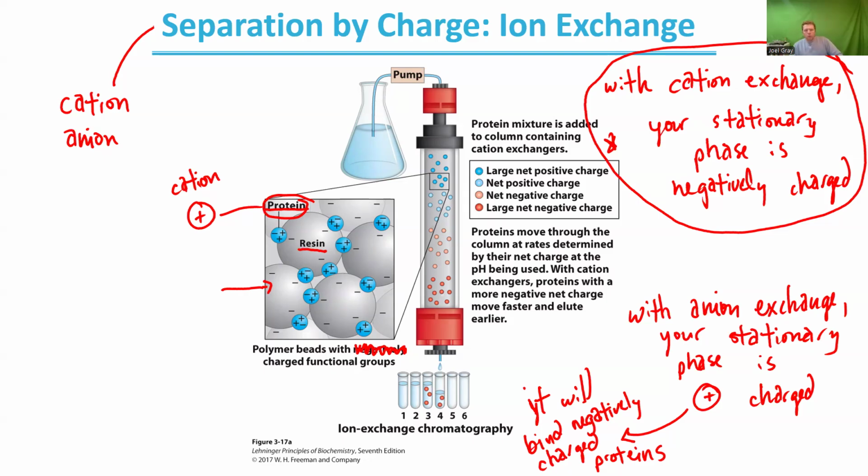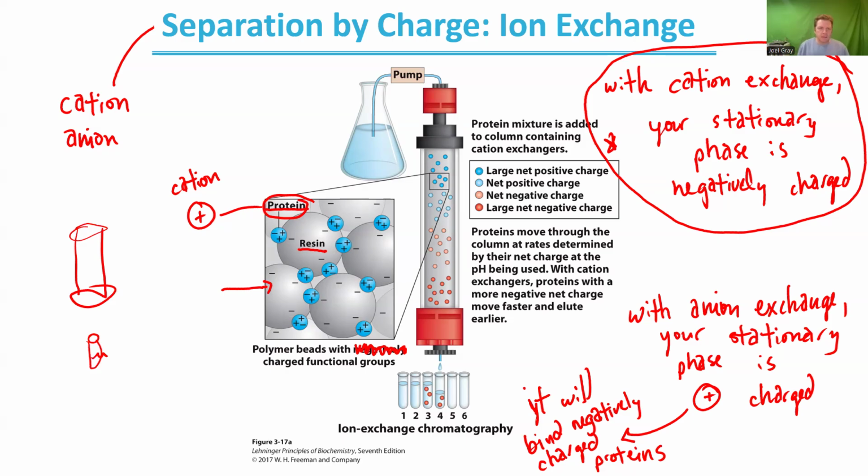Now, what that means is that anytime you do column chromatography, specifically ion exchange chromatography, let's say that you have a column. I'm going to draw my column right here, and then here's the test tube of the proteins that float out.